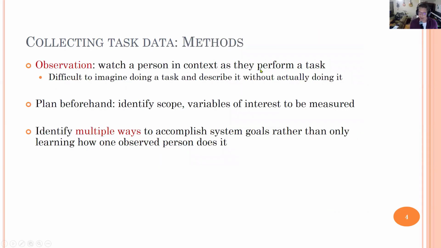All right, next, observation. Now this sounds very much like a, hey, go and watch people, but I want you to think of this as, no, this is a formal method. It's got predefined ways that you would go about this. There is a real skill to observing how people do something without affecting how they do something. I forget what is it, Heisenberg or something.